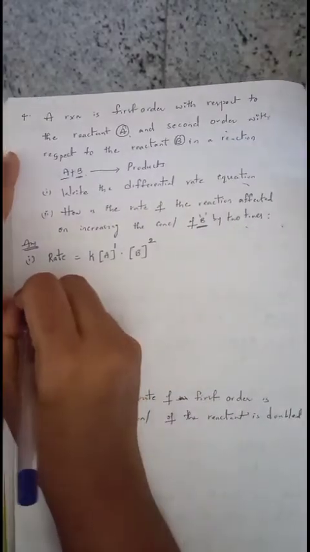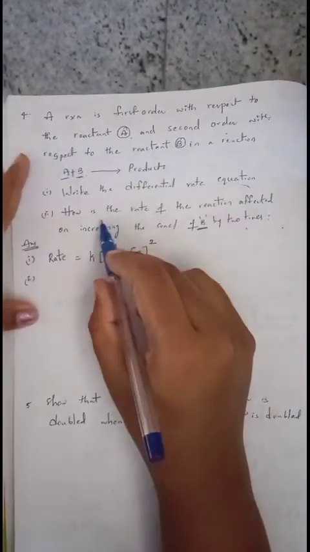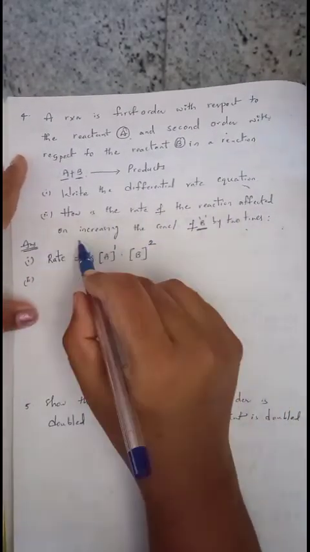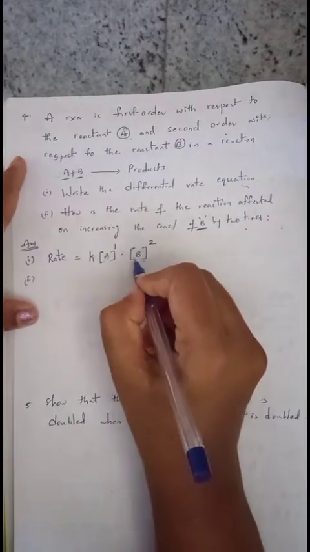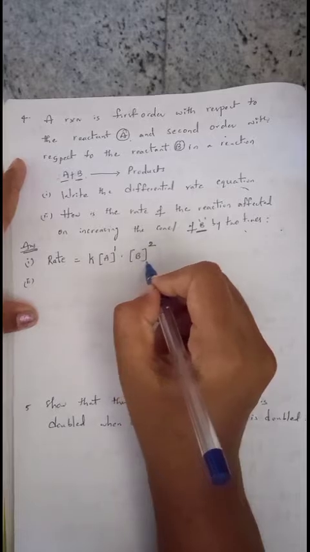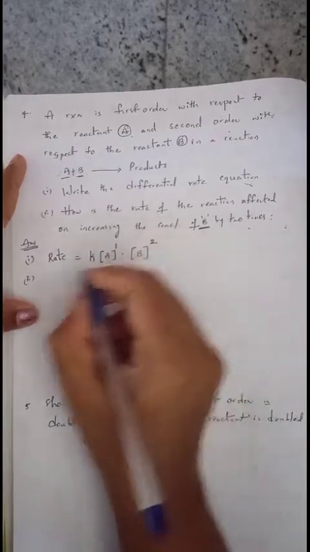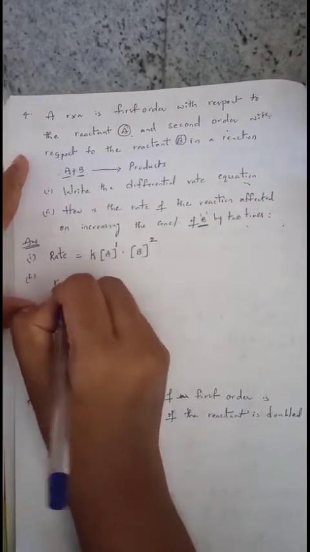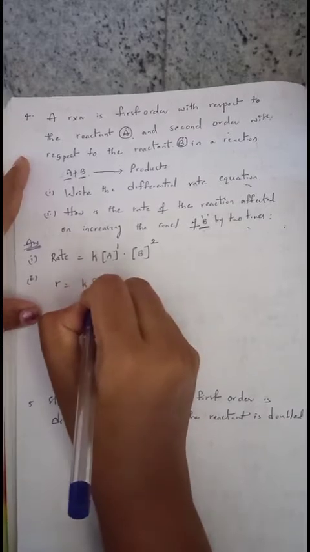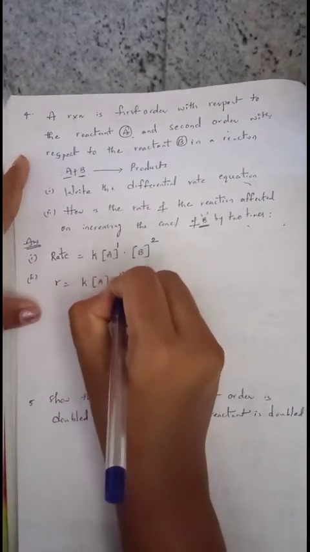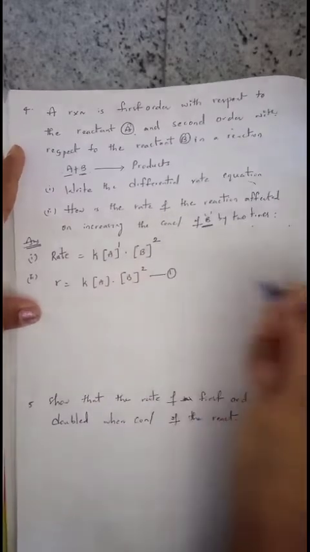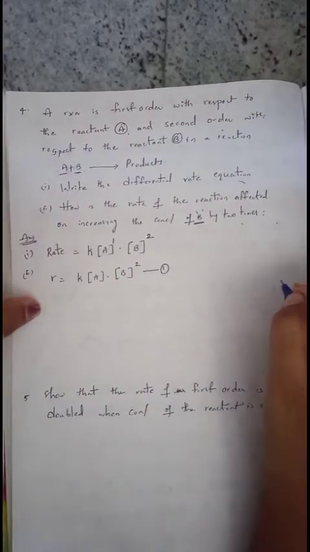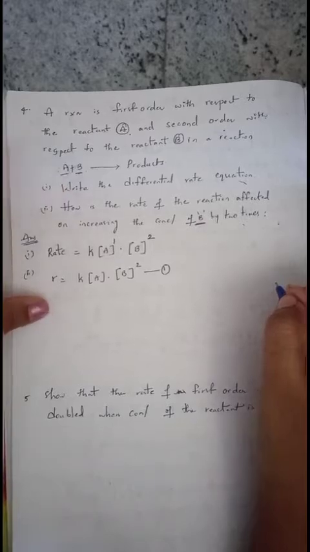Now the second question: how is the rate of reaction affected on increasing the concentration of B by 2 times? So only the concentration of B is being increased. First write down the first equation. Rate equation R equals K times concentration of A times concentration of B square. This is the original equation related to the given information.